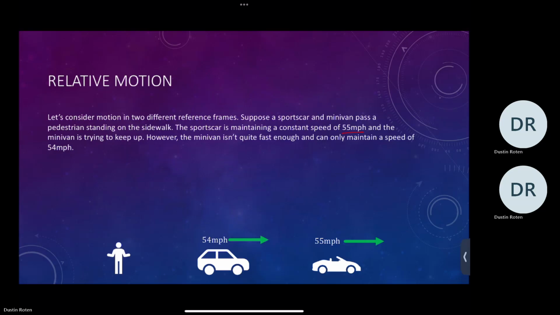Okay, and then the minivan is trying to keep up. However, the minivan is not as fast, and can only maintain a speed of 54 miles per hour. So you can see that there's a difference. So there's a difference in velocity of 1 mile per hour.